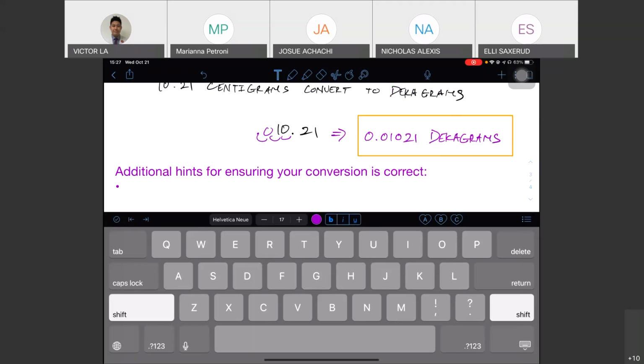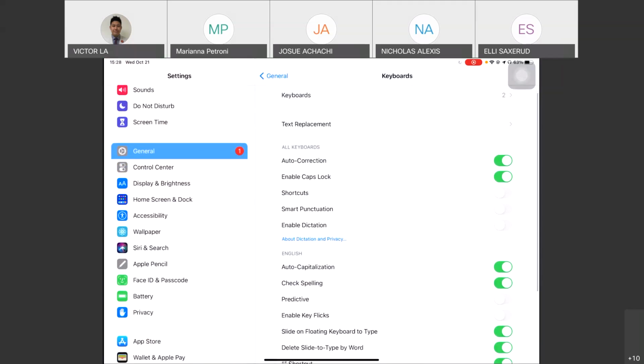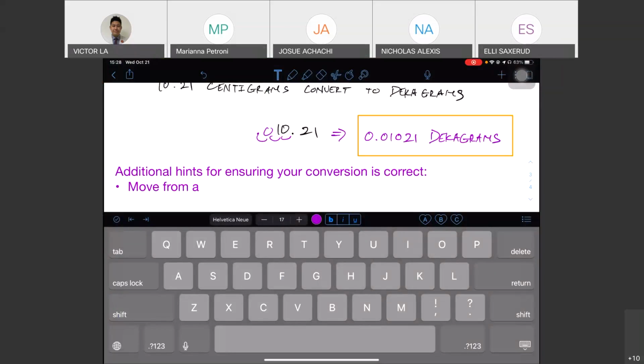If you move from a big unit to a small unit, the numerical value, so you go from big to small.